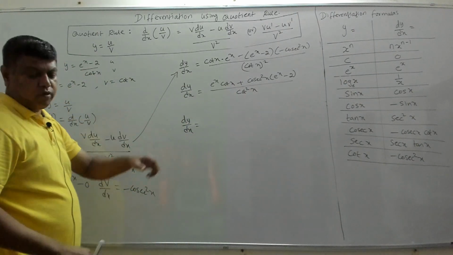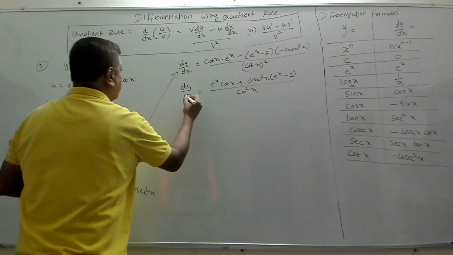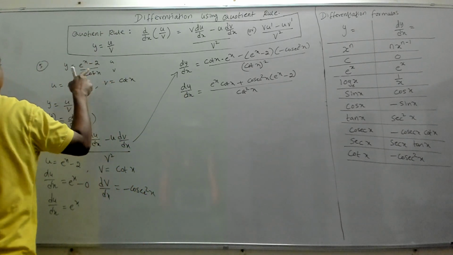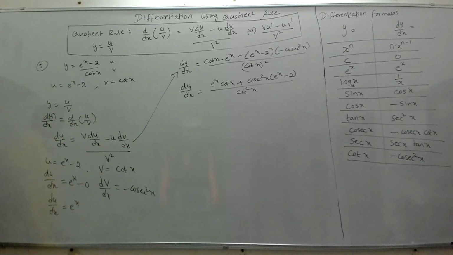This is the derivative of the given function y is equal to e power x minus 2 by cot x. Fine. So all of you can pause the video and take the notes. We'll go to the next problem.